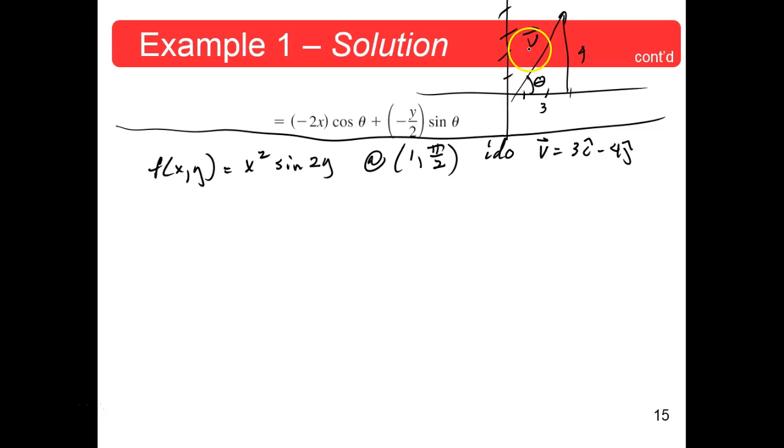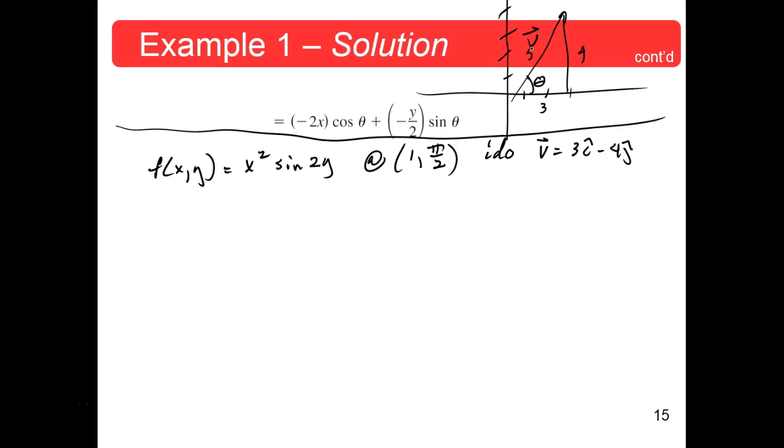What is the hypotenuse there? 9 plus 16 is 25, square root of that is 5, right? That's a 3, 4, 5 triangle. One of my favorites of all time, okay?